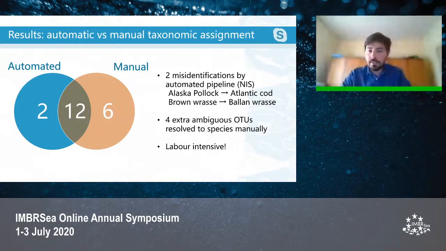And 4 ambiguous OTUs that were only able to be resolved to genus or family level were able to be resolved to species level by doing it manually. So we can see that doing it manually does add a lot of resolution, but it is a very labor intensive process, meaning that it's actually only useful for smaller data sets.